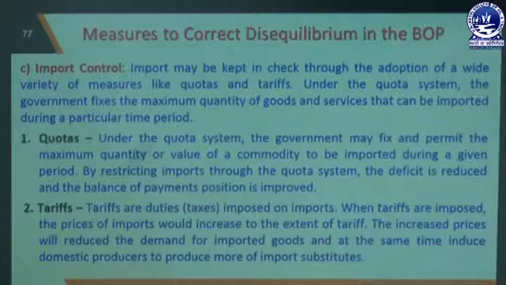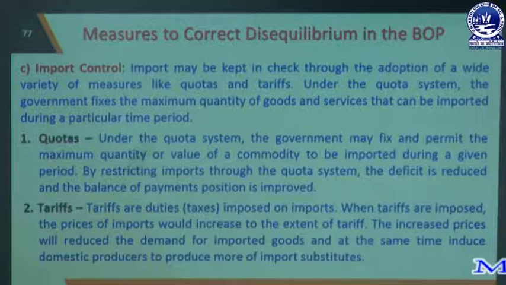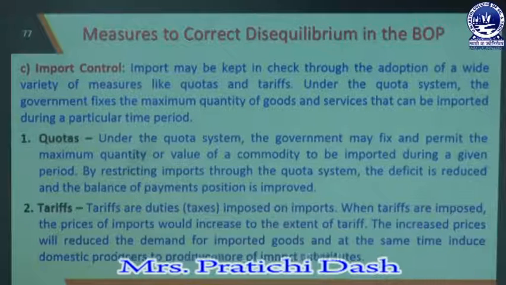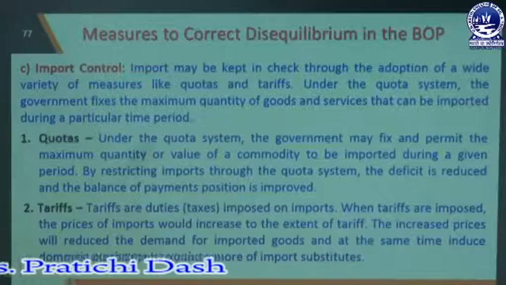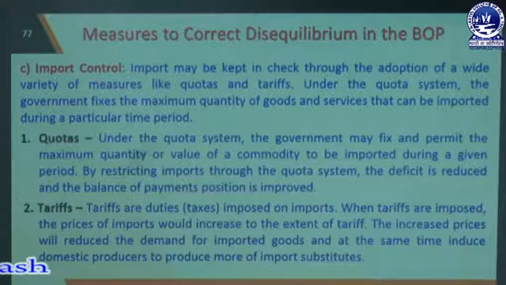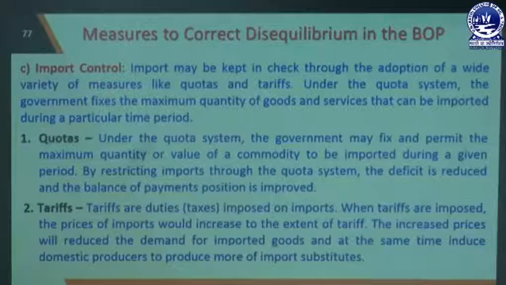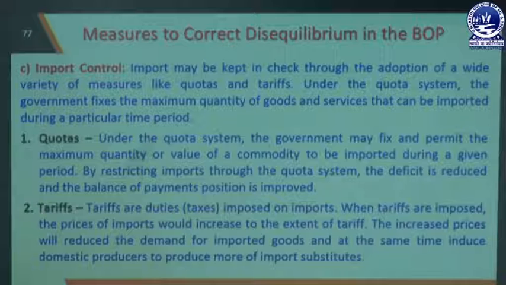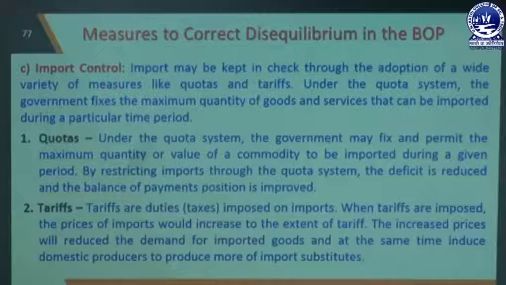Another measure to correct disequilibrium in the balance of payment is import control. Imports may be kept in check through the adoption of a wide variety of measures like quotas and tariffs. Under the quota system, the government fixes the maximum quantity of goods and services that can be imported during a particular time period.